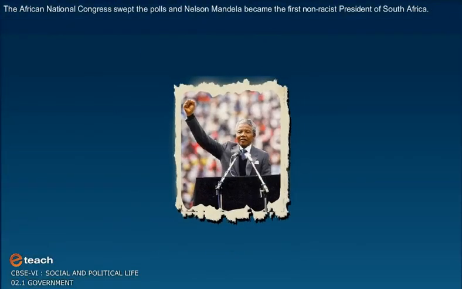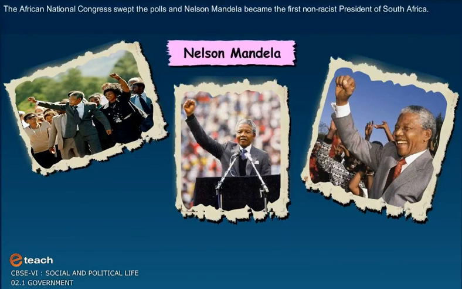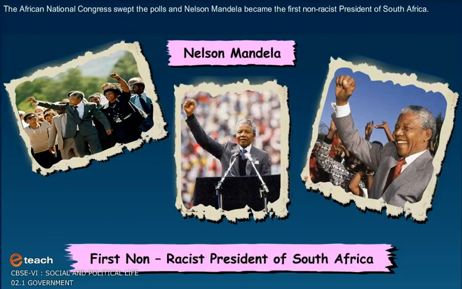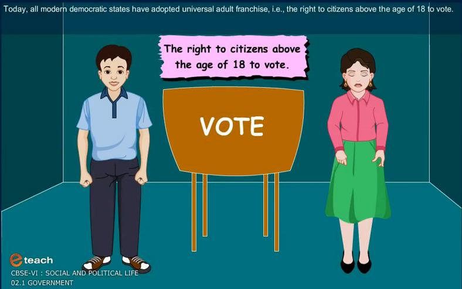The African National Congress swept the polls and Nelson Mandela became the first president of South Africa. Today, all modern democratic states have adopted universal adult franchise, that is, the right of citizens above the age of 18 to vote.